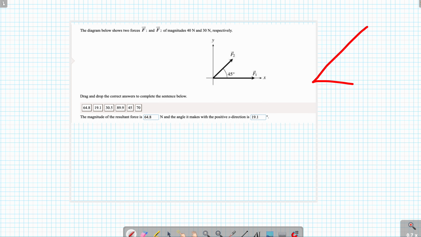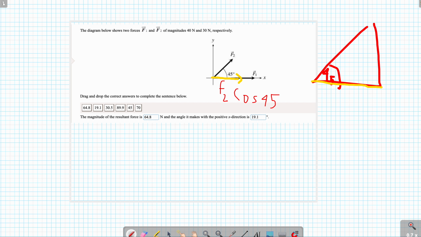Okay, let's say we want to project F2, so we can make it into X and Y. Here, coinciding with F1, we would have force F2 cosine 45.